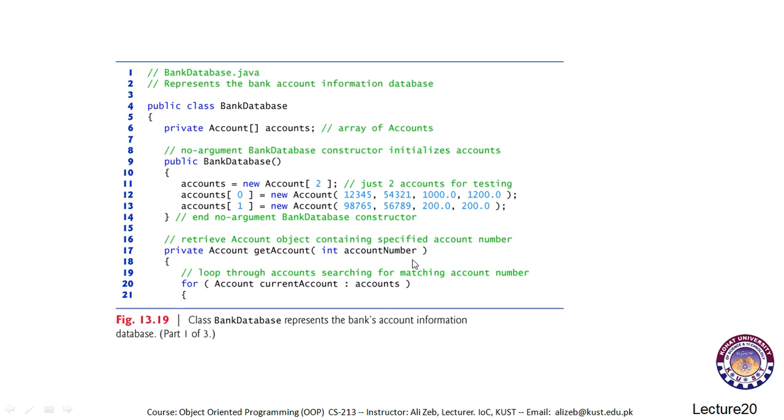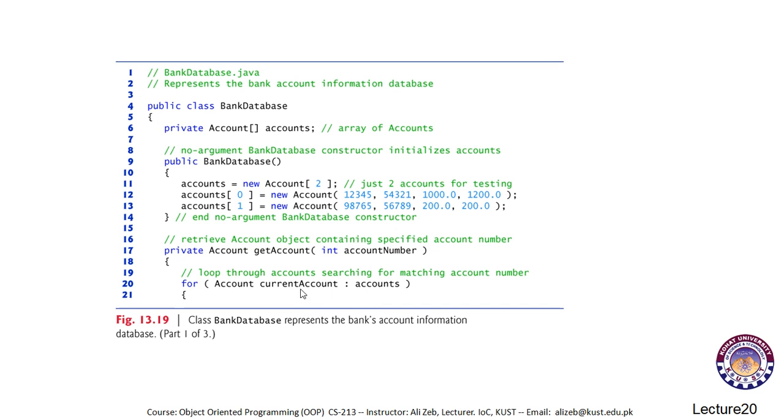For example, the user enters an account number and we want to select that account number from a large array of our account numbers. So we can look for that account number within the array by using this for loop, the enhanced for loop. It will try to identify our matching account number.